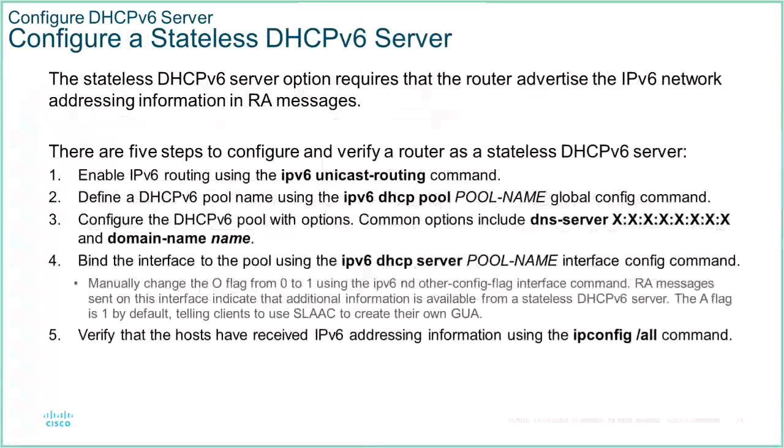Obviously, we need to make sure IPv6 unicast routing is on globally before we can do any IPv6 commands, from the router's perspective. We then ensure that we provide the pool name, just like we did in IPv4. And I'll reiterate here that the differences in commands will be basically wherever we used IP, we now put IPv6 to change it from IPv4 to v6.